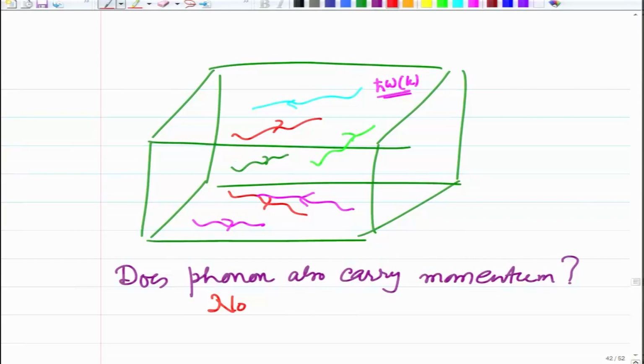However, there is a difference. K still, for a phonon, has significance of momentum. How so?